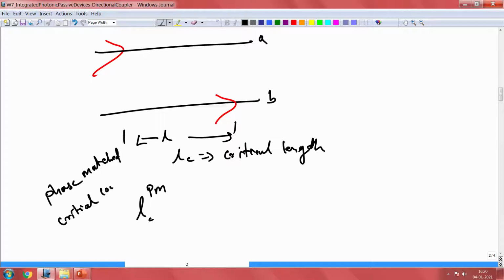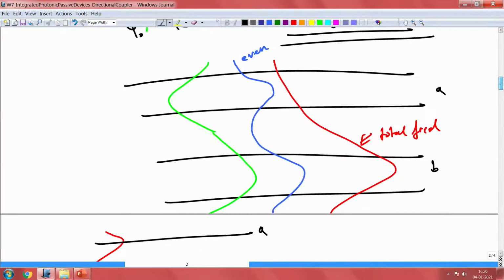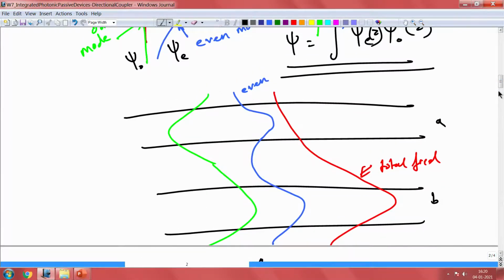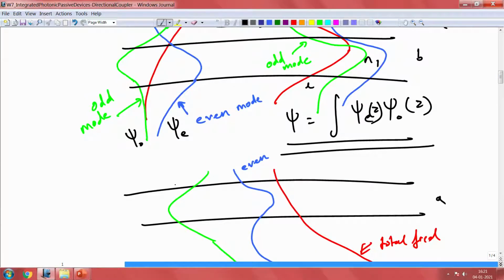Critical coupling length is given as pi divided by beta even minus beta odd. So, why pi? That is the phase shift that you saw here. You want a complete phase shift that is required in order to make sure between these two.